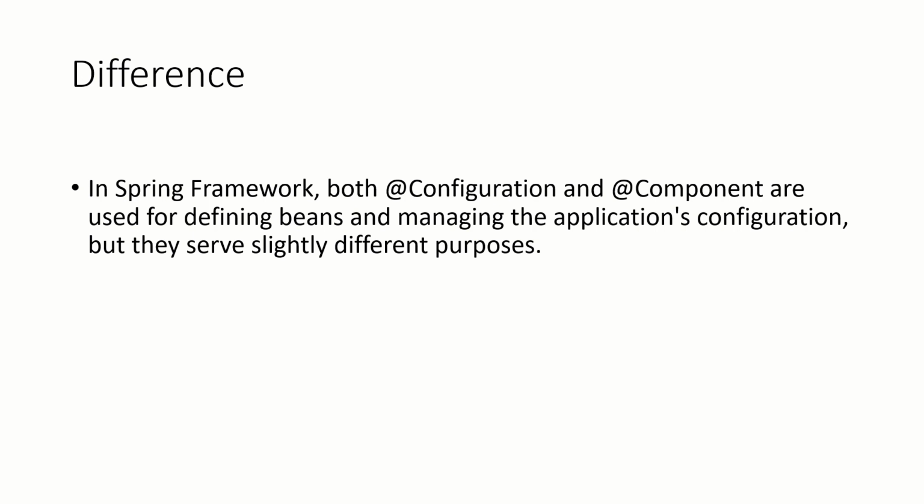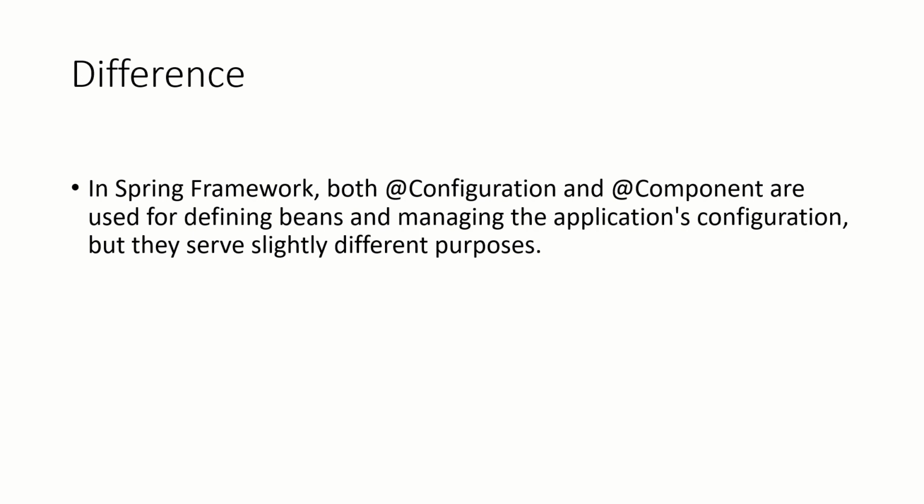The work of both annotations is to manage or create beans. They both deal in bean creation, but the purpose of creating the beans and the way of creating the beans is very different for both of the annotations. And there comes the difference between them. We'll discuss that as well.